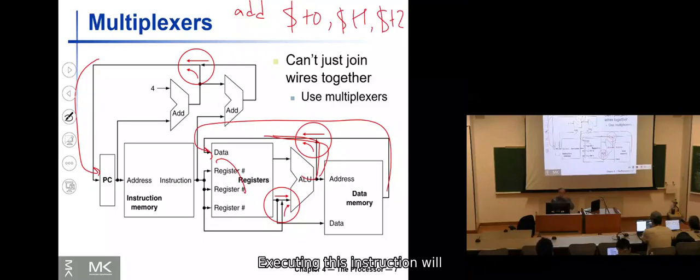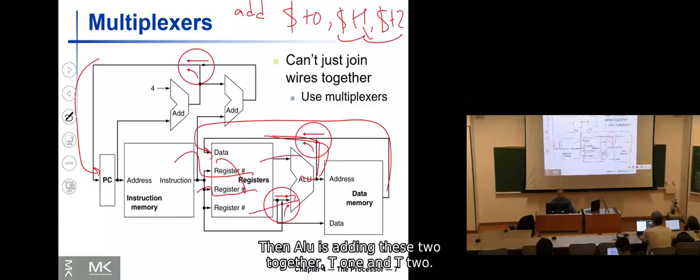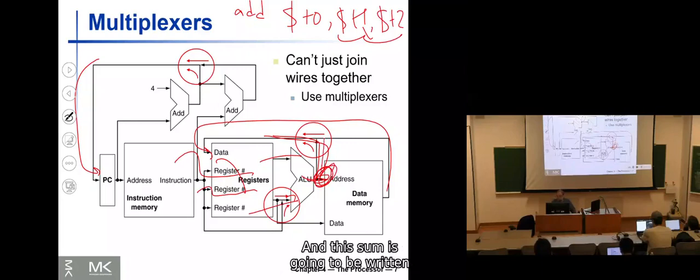Executing this instruction will bring T1 and T2 from the register file to the ALU. Then the ALU adds these two together, and the sum is ready here, and this sum is going to be written to the T0 register through the register file, okay?